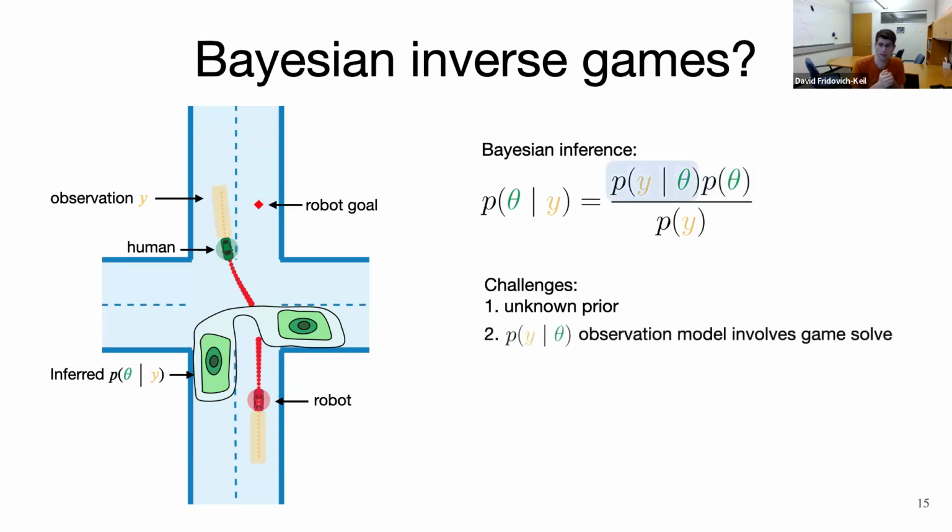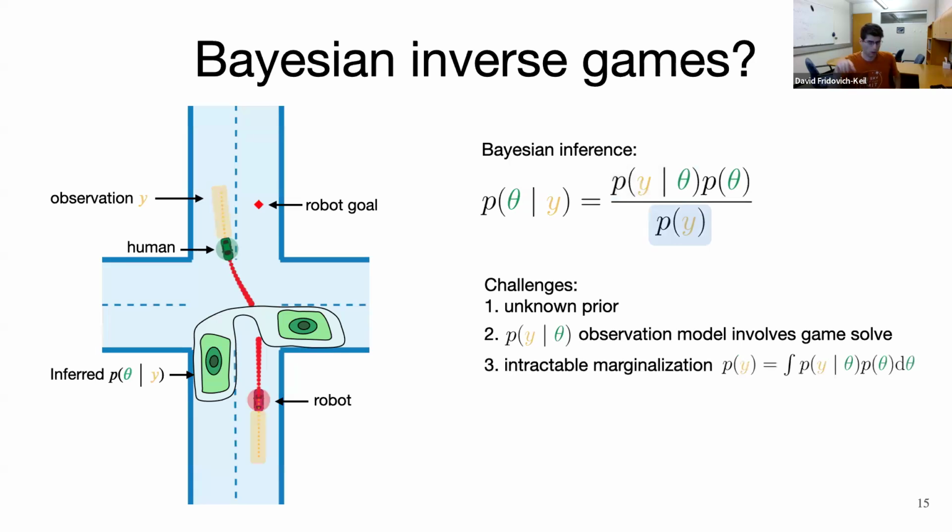The second thing is figuring out what observations I expect to see given a set of parameters, which requires solving the game. We saw that that's basically a root finding problem, but it's still a bit complicated. And the last thing is the marginalization at the bottom.